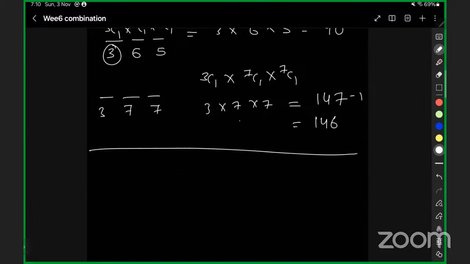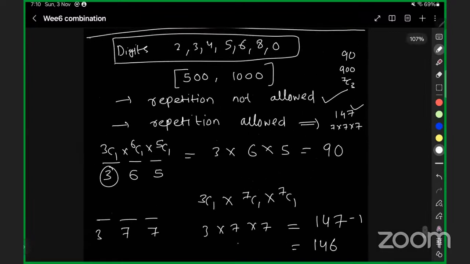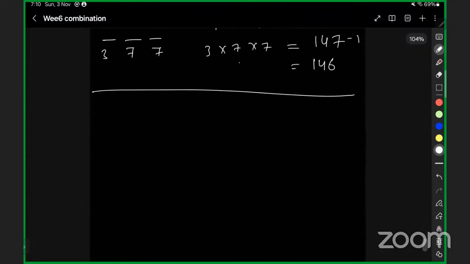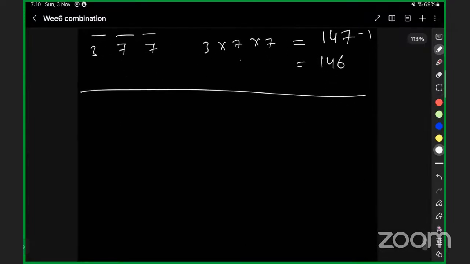So it might happen that something related to permutation also comes. But if you are able to figure out which one to use when, then you'll feel that both are the same only. Prior to this they were in the same week, and they should be in the same week, but somehow it is not.